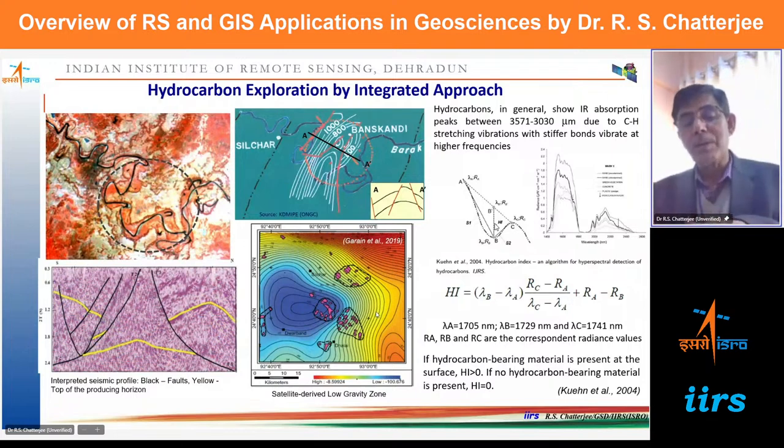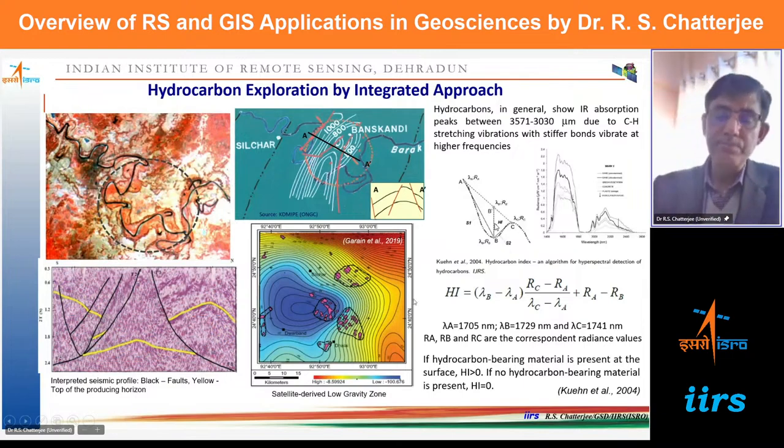A thick pile of sediments is available, and so a regional low gravity zone is indicative of thick sediment deposits, because sediments are lower in density than other rocks, igneous or metamorphic rocks. Also, if there are huge deposits of oil and gas, it is even lighter than water, so here the gravity will be much less. These are indicative of the ideal cooking condition for the origin of oil, as well as these accumulated oil locations.